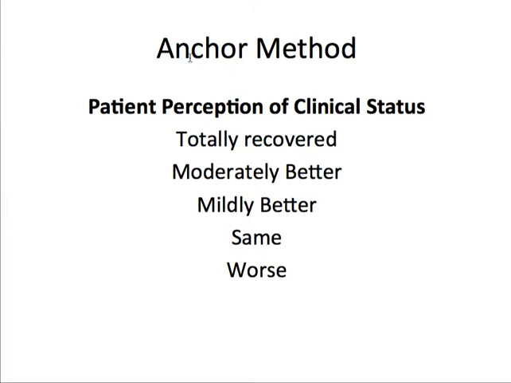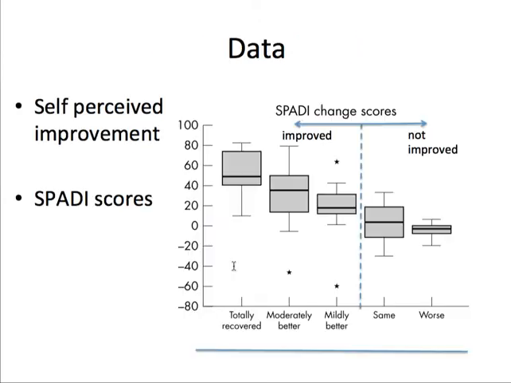So one way we would do that is to anchor our estimate of the patient's perception with a Likert scale. And so what we might do is, after some interval of care, ask them to rank themselves according to this simple questionnaire where they rank themselves as totally recovered, moderately better, mildly better, same or worse, and then compare that to the scale scores that we're interested in evaluating.